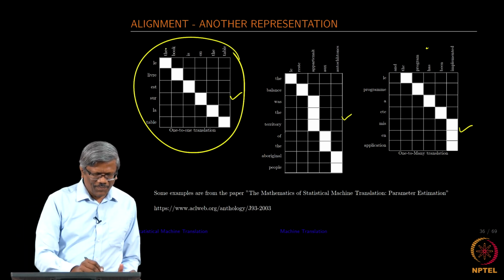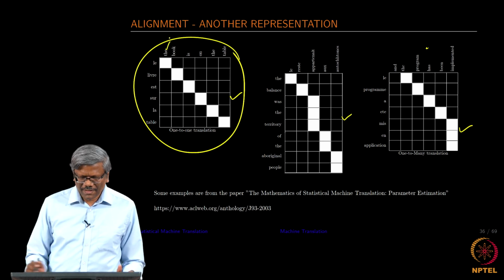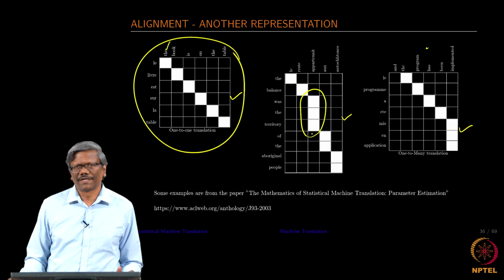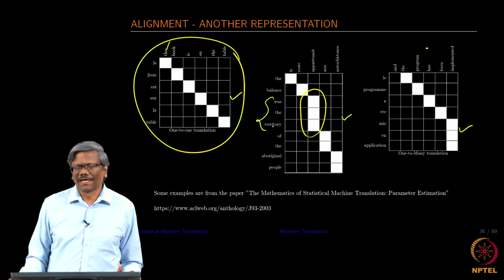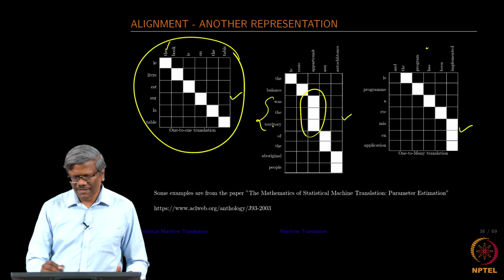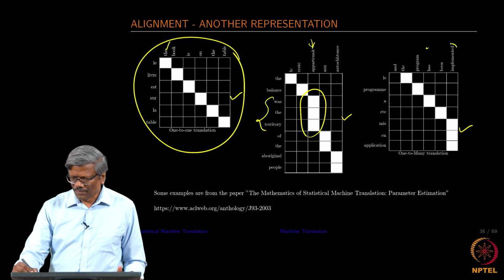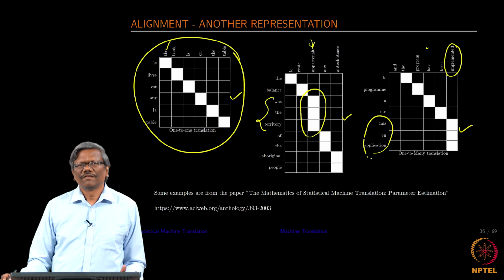This mostly corresponds to word alignment. If you look at this one, you see that three words are aligned to one word. That means we can call this a phrase that is aligned to one word in French here, correct. In the same fashion, one single English word is aligned to three French words.